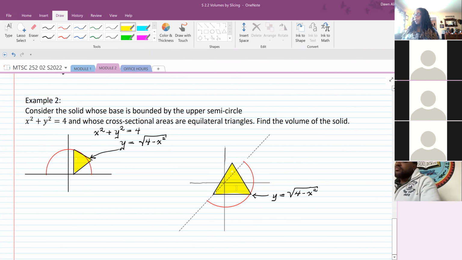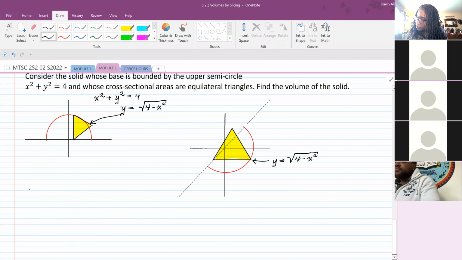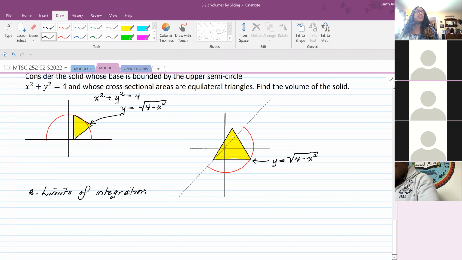All right, so the first thing is, what are our limits of integration? And that is, where do the triangles start and where do they end? Well, obviously the triangles start way over here. I can't even draw a triangle that small, but I'm going to try.